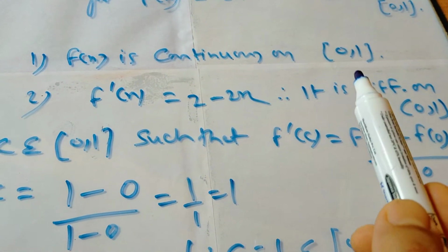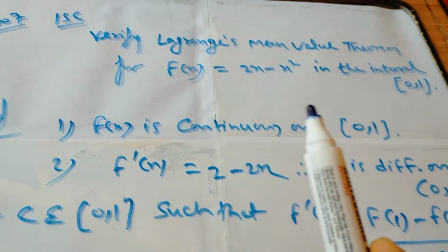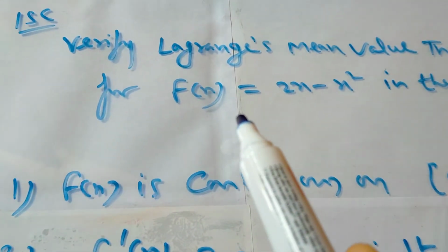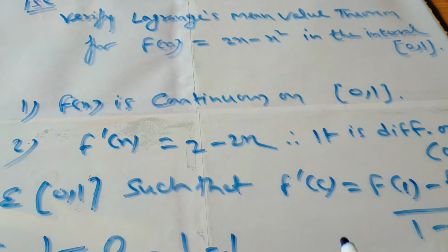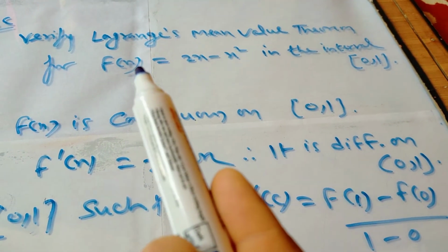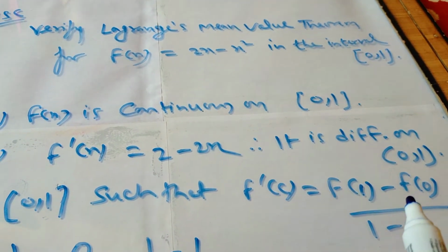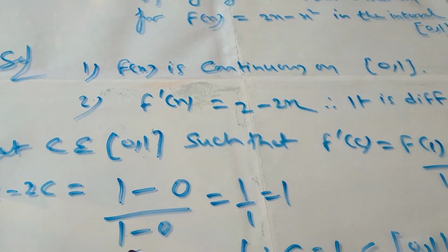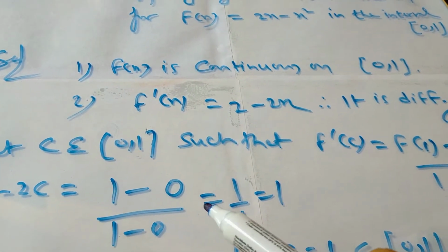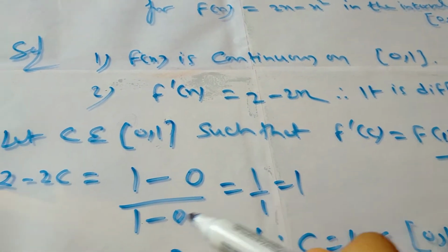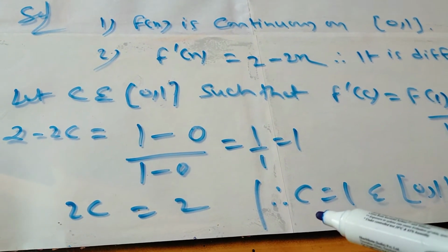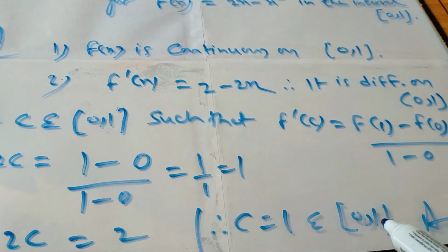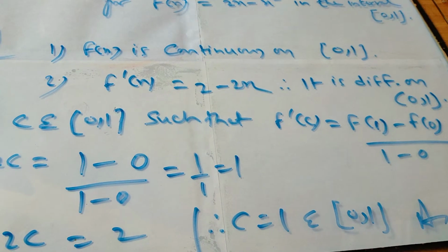F(1) we calculated by substituting x equal to 1, and f(0) by substituting x equal to 0. So it is 1 minus 0, which is b minus a, and the value of c comes out as 1, which lies between 0 and 1. Therefore we can say, hence verified LMVT.